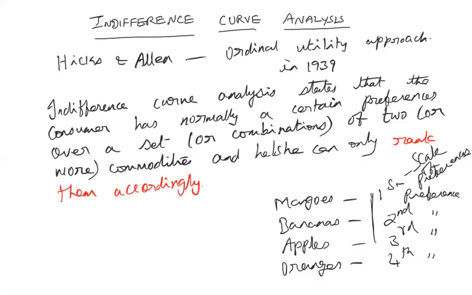This was developed by later economists, especially Hicks and Allen, because of the shortcomings of the cardinal utility analysis. Mainly, the consumer cannot measure the satisfaction in terms of cardinal numbers.